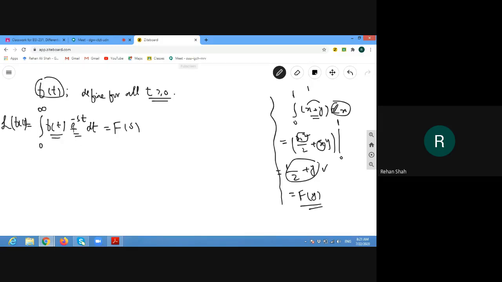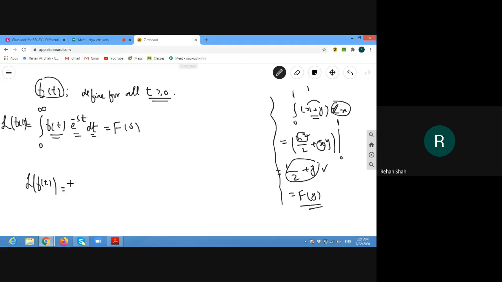So similar is the case here. Now this function is dependent on t and s also. The product is actually dependent on s and t. So if you are integrating with respect to t, and this limit from 0 to infinity is for t, this t will disappear and the resultant function will become a function of s. So Laplace of f of t is actually f of s.